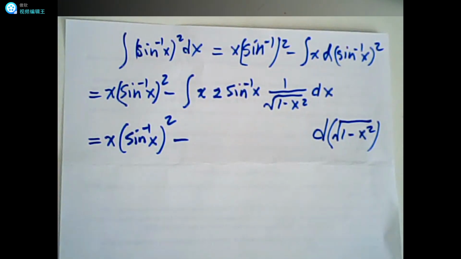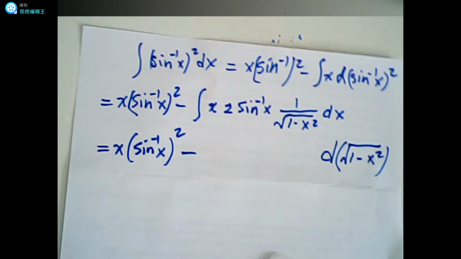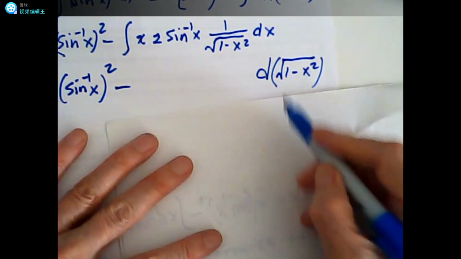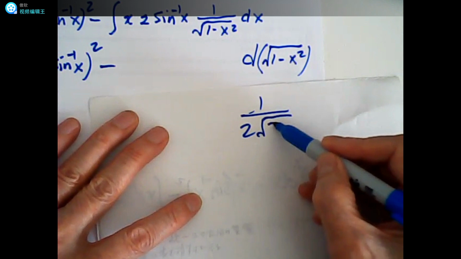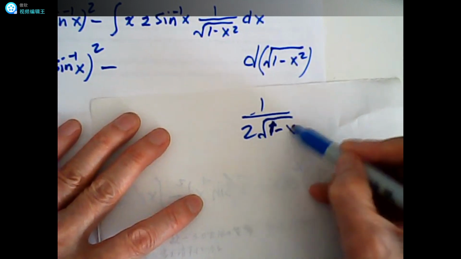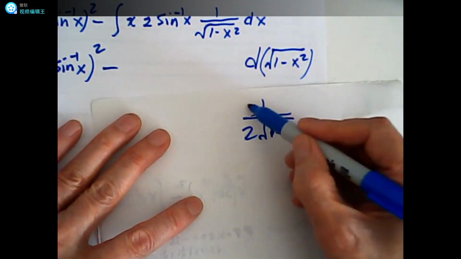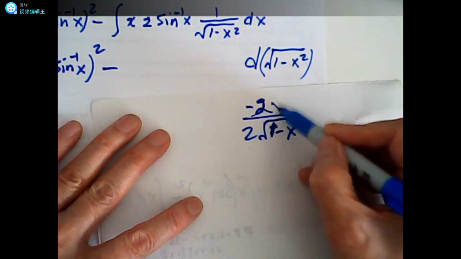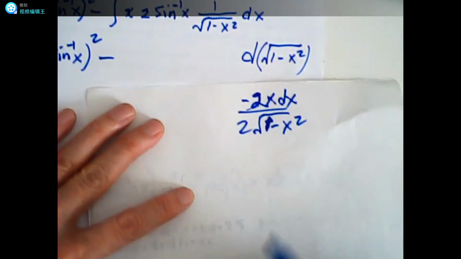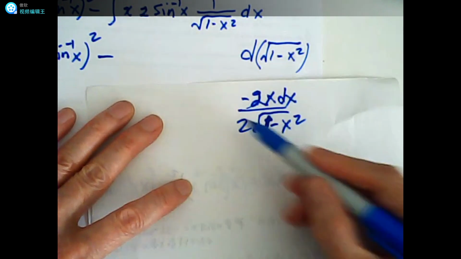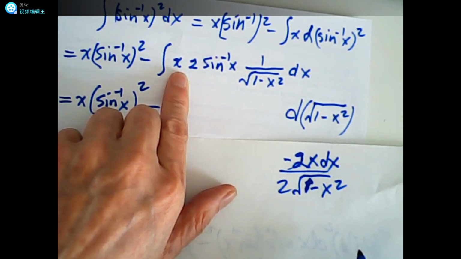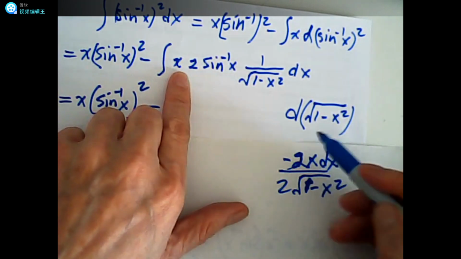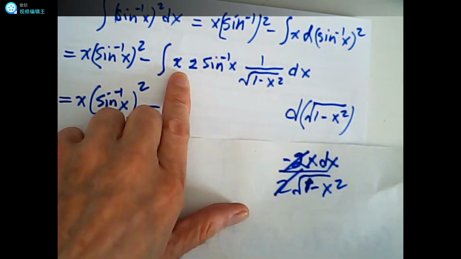This is equal to 1 over 2 square root of 1 minus x squared multiplied by negative 2x dx. That derivative is equal to this. Now I do have a 2x, so the 2 is cancelled.